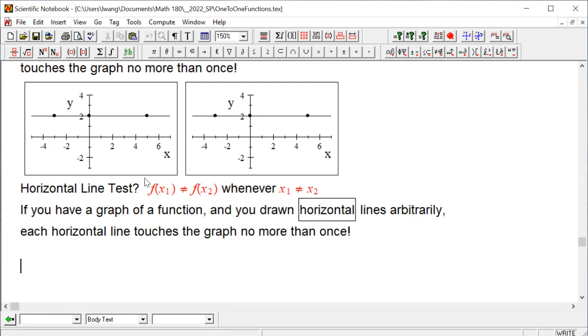Even if it's not a function, you should not worry about whether it's one-to-one or not. So the testing should go like this. If you're given a graph, the first thing you do should be the vertical line test. It tests if it is a function.